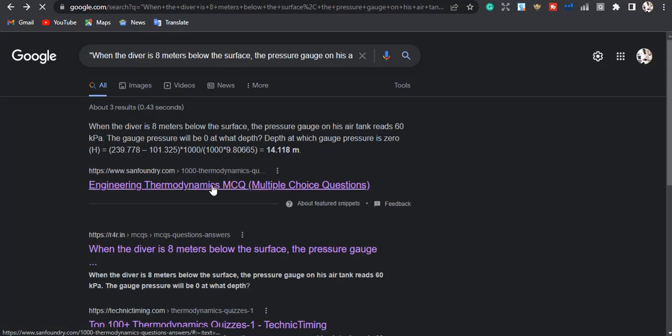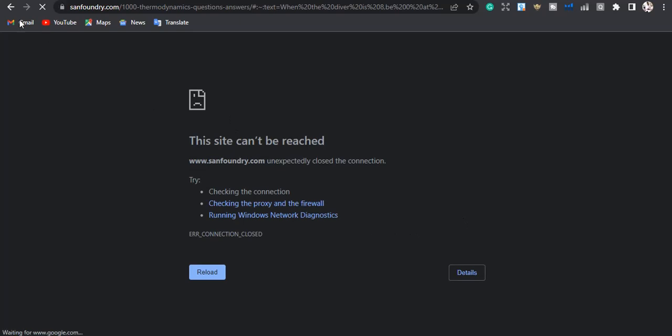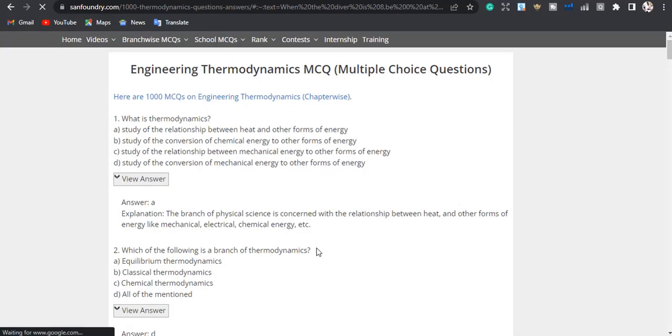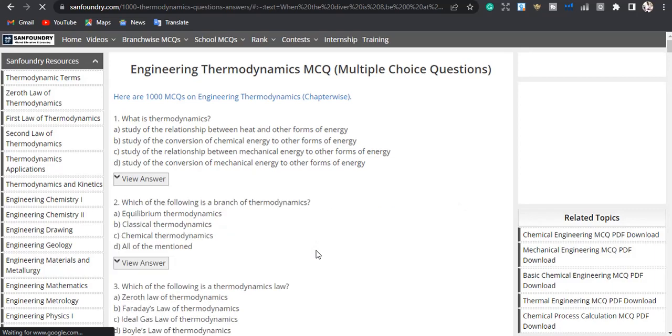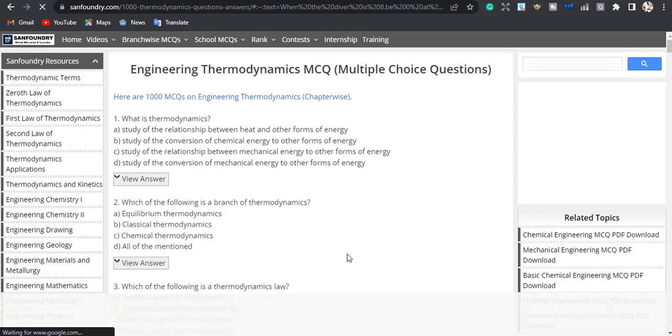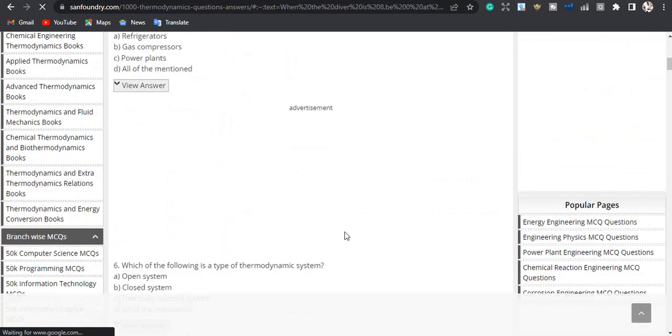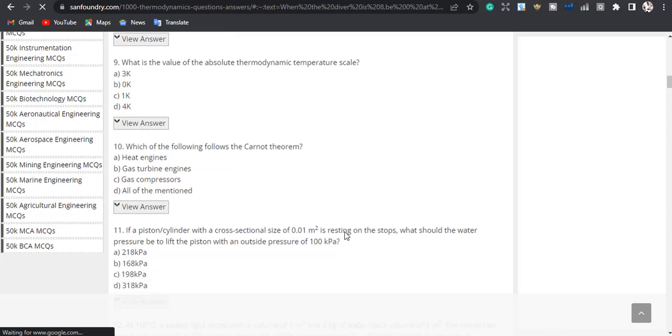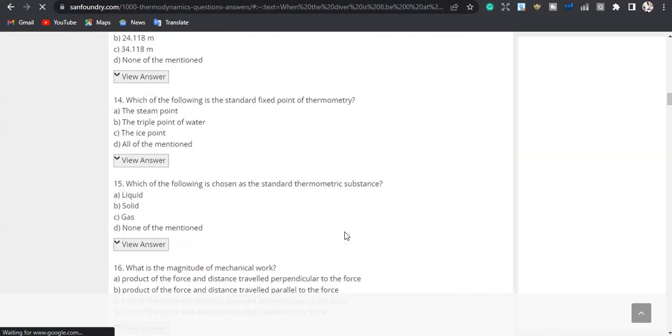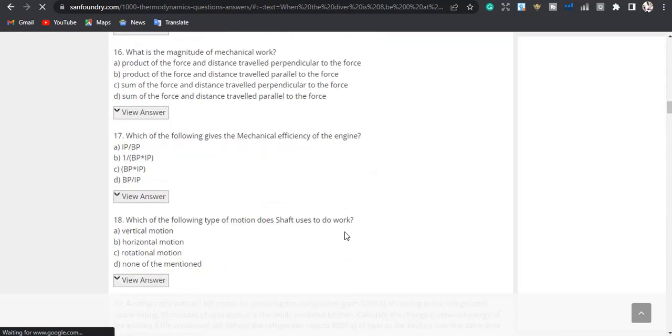Once you click on this, it will send you to a question bank that contains this specific question and other questions. It will give us the exact solution to that question and other questions.